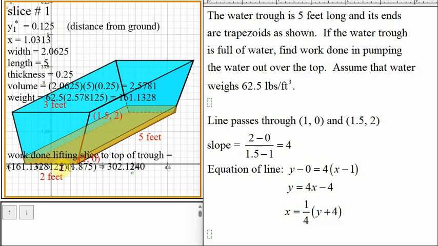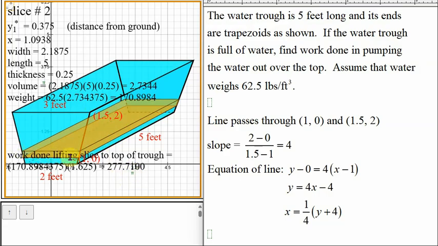And so here we have the force, or the weight of this water, times the distance that it needs to travel to the top, 1.875, and that will give us 302.12. And therefore the work done in pumping this slice of water and moving it to the top is 302.12 foot-pounds.